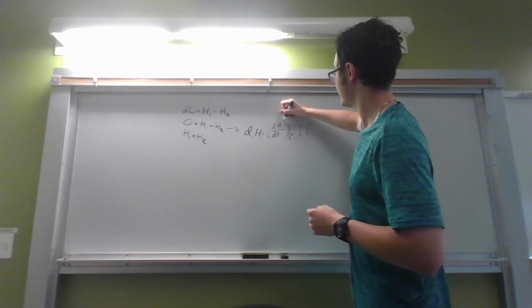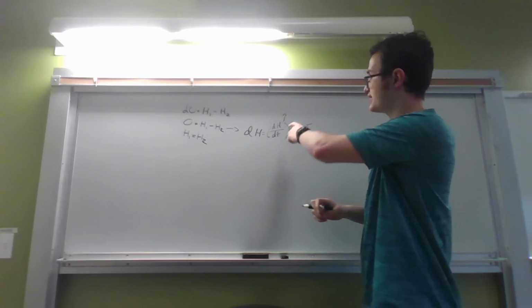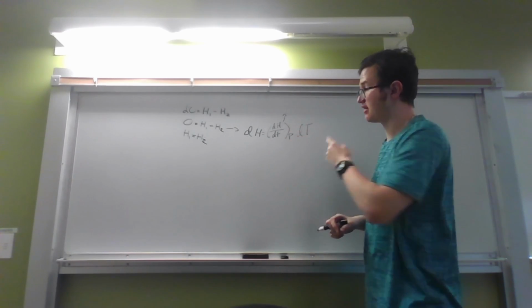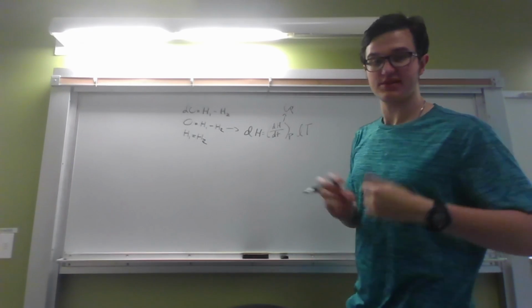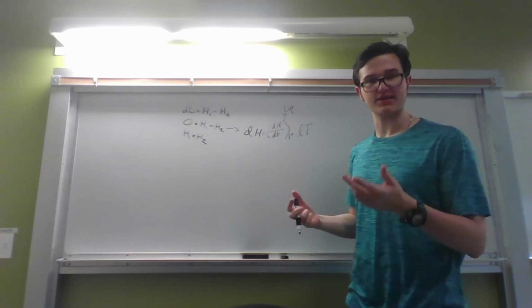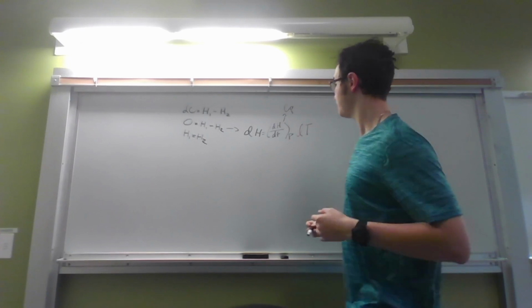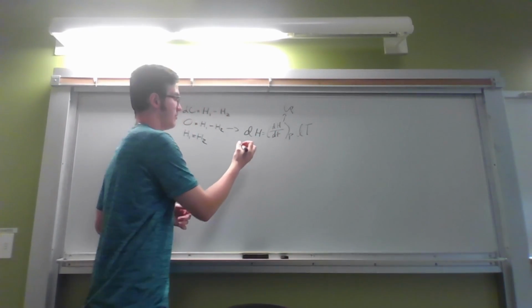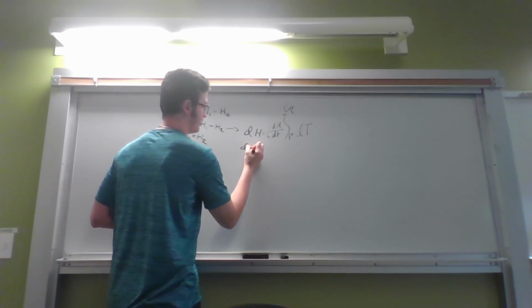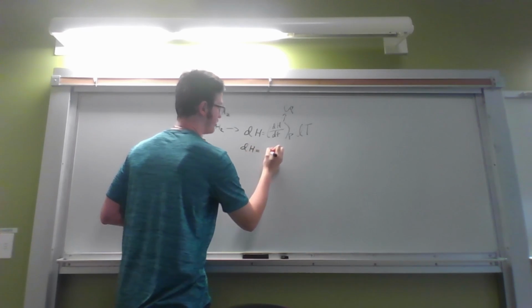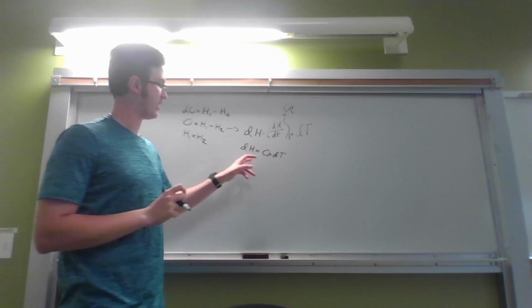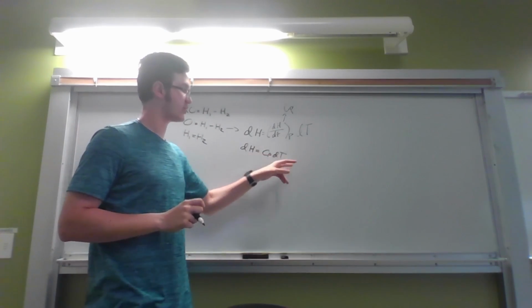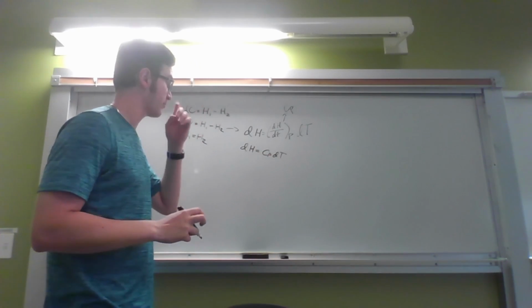Now this function, this change in enthalpy over temperature at a constant pressure, is commonly referred to as Cp, or the heat capacity at a constant pressure. So this can be written as the change in enthalpy is equal to the heat capacity multiplied by the change in temperature.